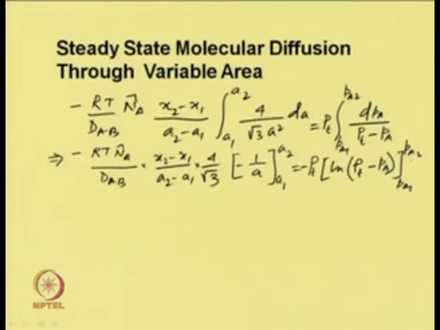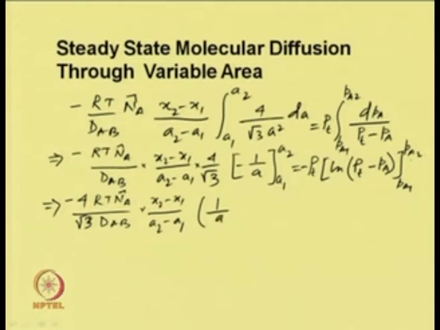So, if we simplify this one, then we will have minus 4 RT NA cap by root 3 DAB into (x2 minus x1) by (A2 minus A1) into 1 by A1 minus 1 by A2.